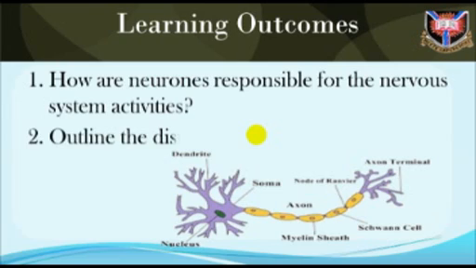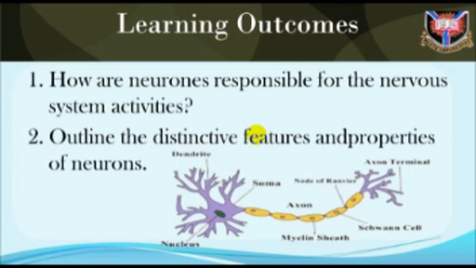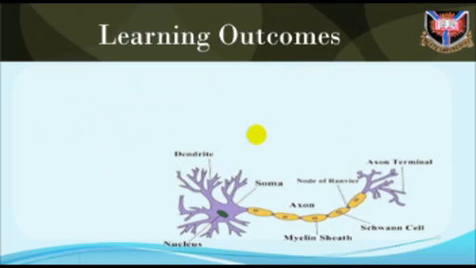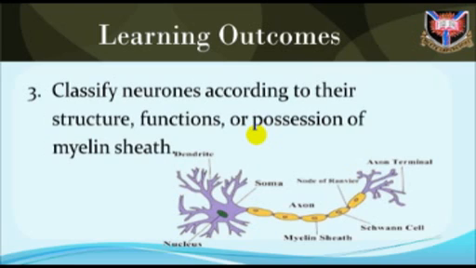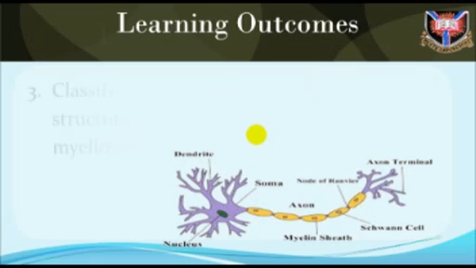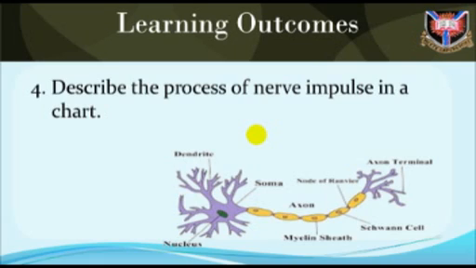Show how neurons are responsible for the nervous system activities. 2. Outline the distinctive features and properties of neurons. 3. Classify neurons according to their structure, functions, or possession of myelin sheath. 4. Represent the process of nerve impulse in a chart.